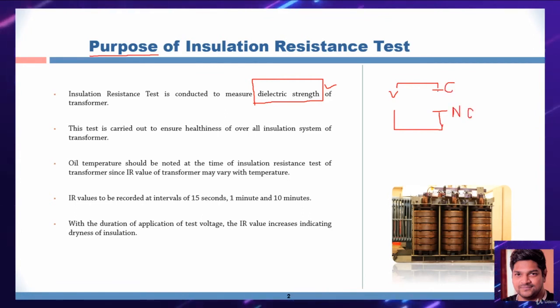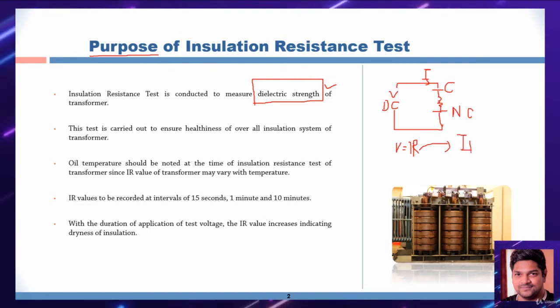So we will have the voltage which we have applied. We will measure the leakage current that will pass between the conducting and non-conducting parts, and then we will apply Ohm's law, that is V = IR, so that we can find out the resistance, and that resistance is called the insulation resistance.